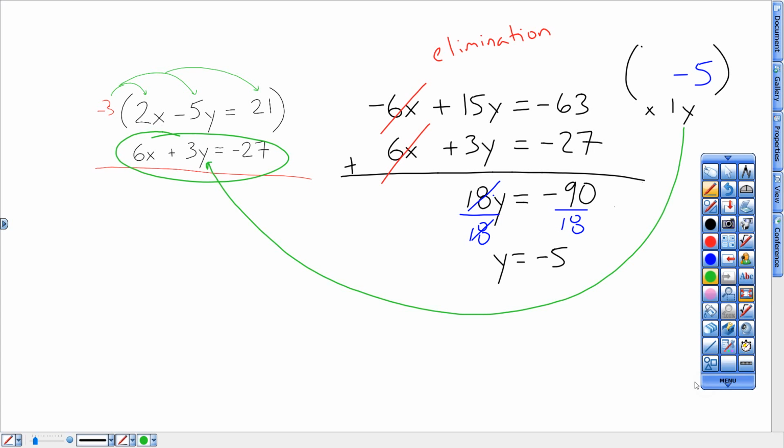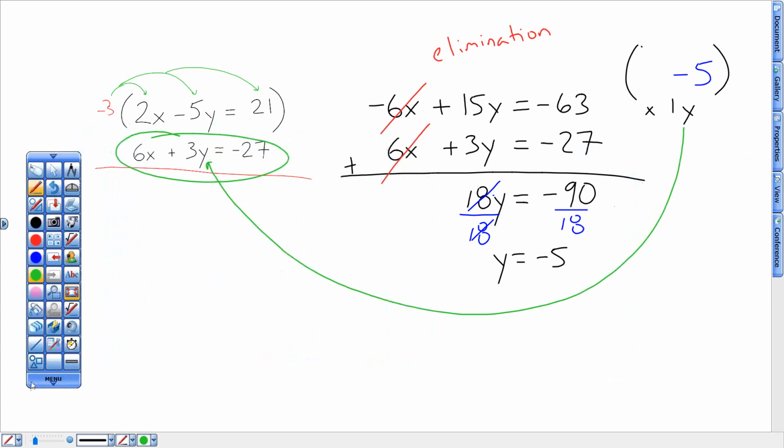So here I go. To find that last coordinate, I got 6x right here. I got that 3. Where that y used to be, I put that -5 because I know that's what the y coordinate is for this system. And now all I got to do is solve that for x, and that will give me the x coordinate.